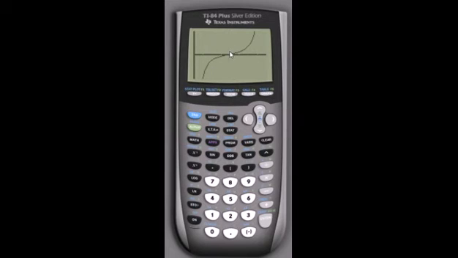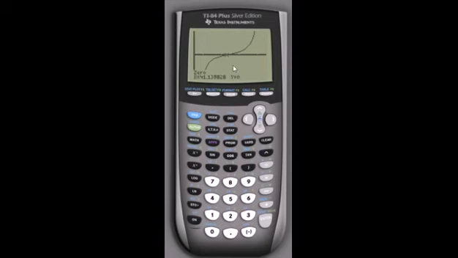So we're interested in this 0, which hopefully will be 41 point something. So second calc, find the 0, and you're going to go left of it and right of it, and then you're going to guess somewhere close. And fortunately, at 41.1 degrees, we have a 0 in dL by d theta.